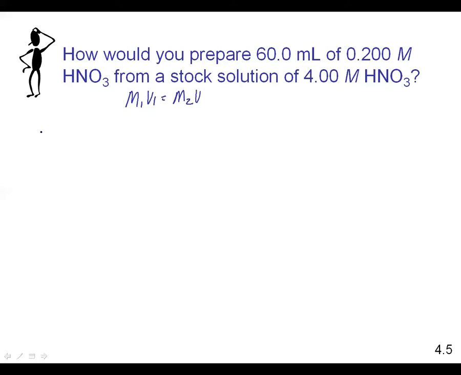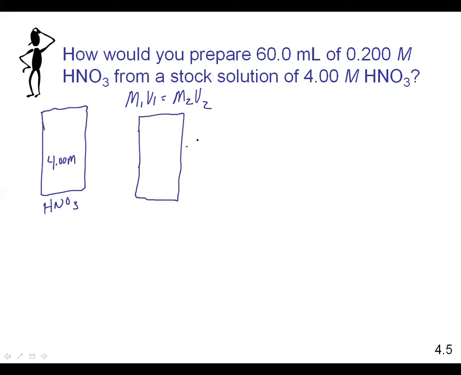Visually, we have a bottle that is 4 molar nitric acid, more concentrated. We then want to make another container that has a total volume of 60 milliliters and a molarity of 0.2 molar, also nitric acid.